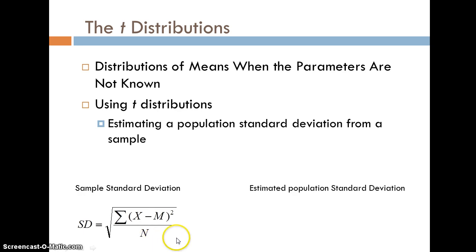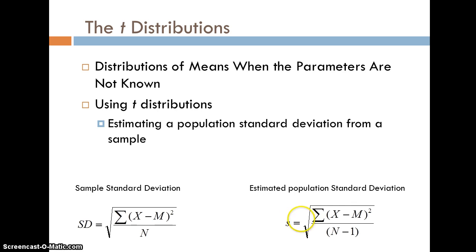When we want to estimate the population standard deviation, we have to make an adjustment. And so we need to use a new formula. Note that we use a lowercase s to denote the estimated population standard deviation. And we use our sample data to estimate what we think that variability would be in the population.